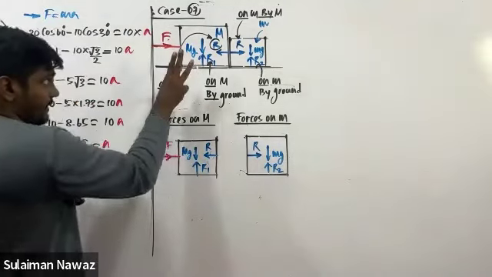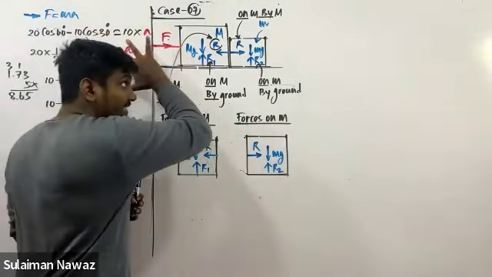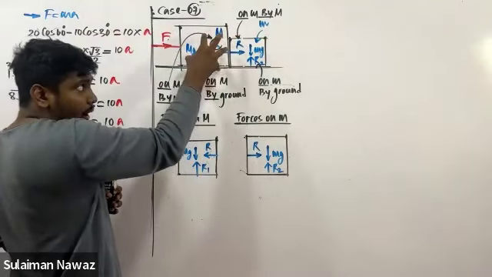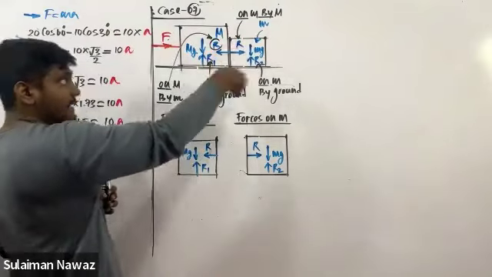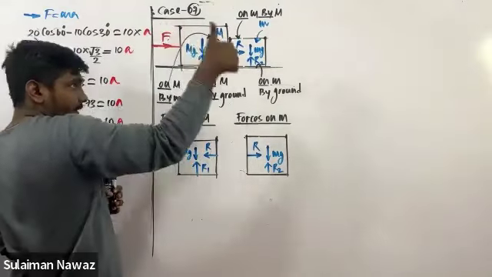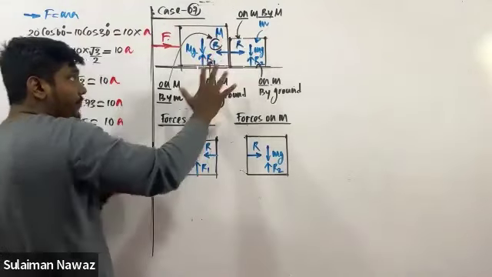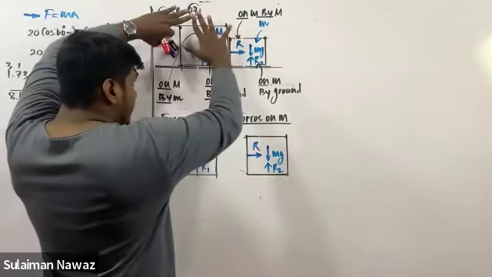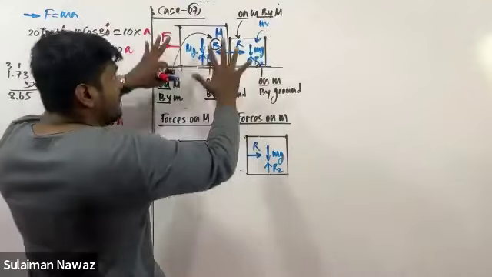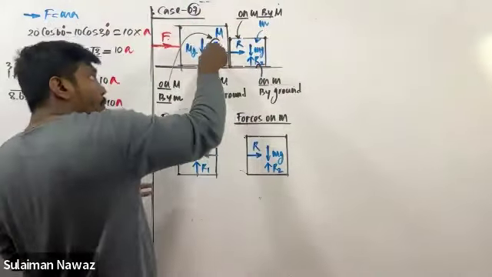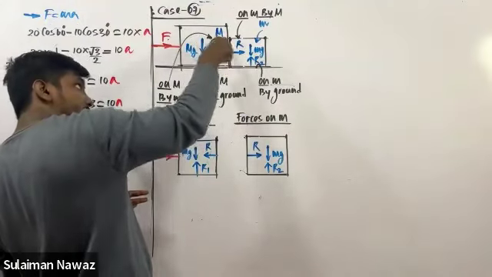Some people say there are 3 horizontal forces acting on the entire system. That's wrong. Why do they say that? Because they count one first force, the second R, and the third R. That's wrong. When you consider capital M and small m as one system, what happens to this R and that R?